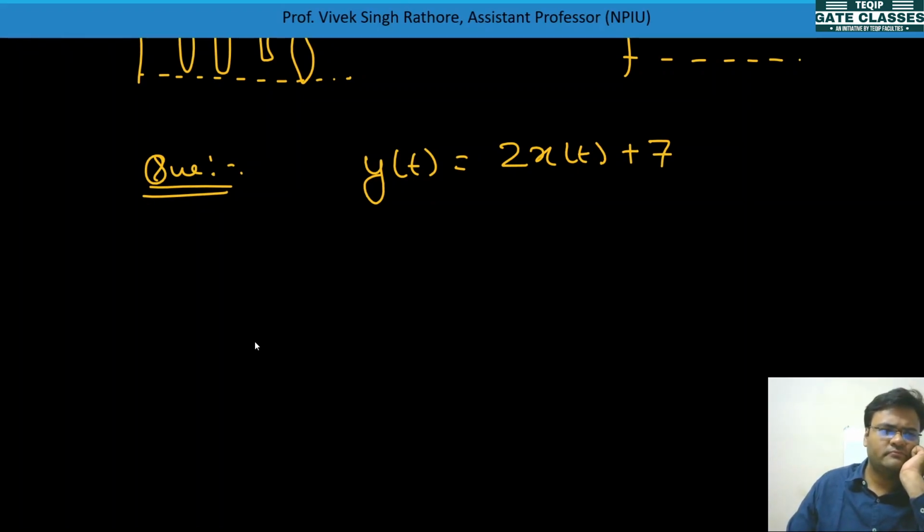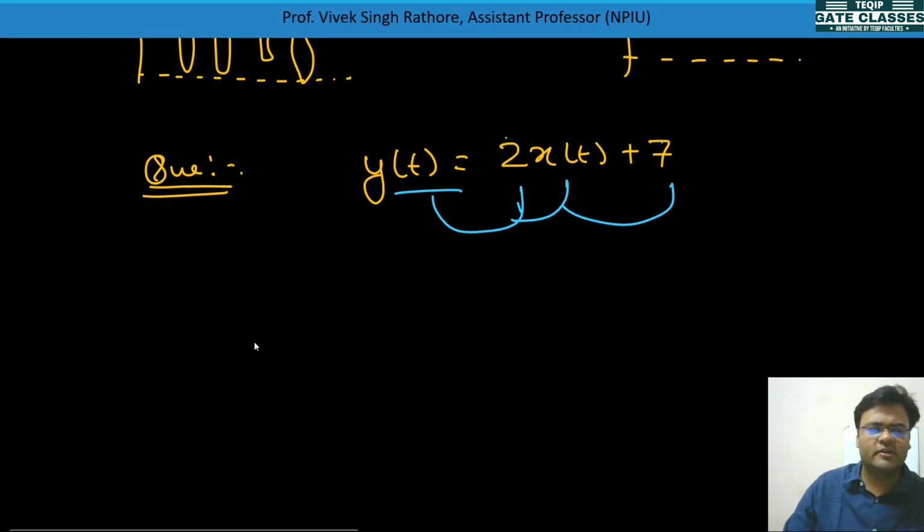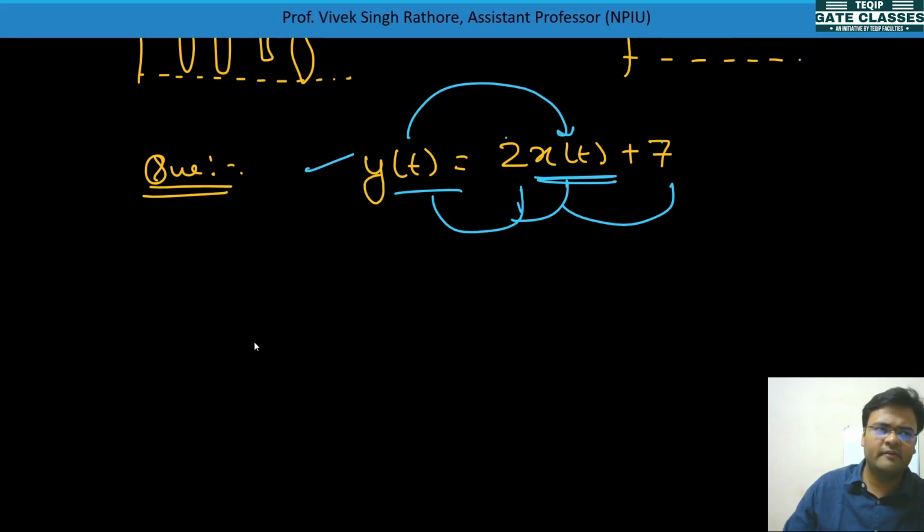See, yt is dependent upon 2xt and 7, and these are all constants. If xt is finite and bounded, then definitely yt will also be bounded. So this type of system will be called a stable system.